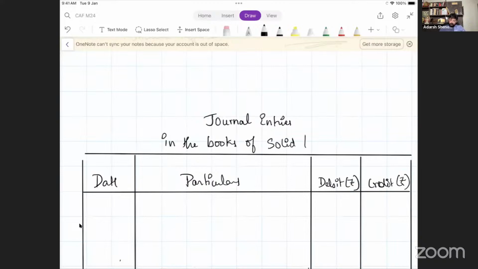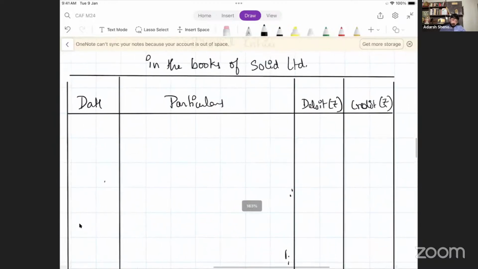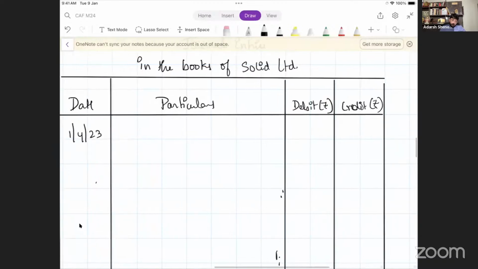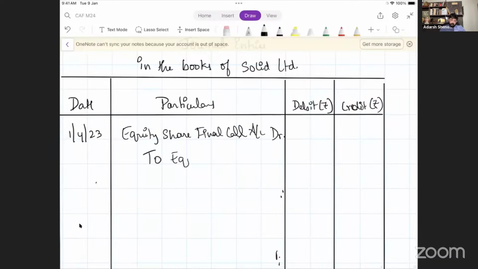You remember the due entry for calling. What is the due entry for a normal call? Equity share final call account debit to equity share capital.